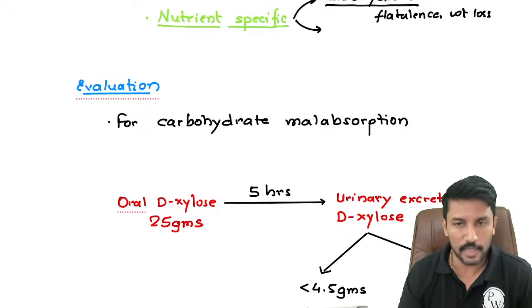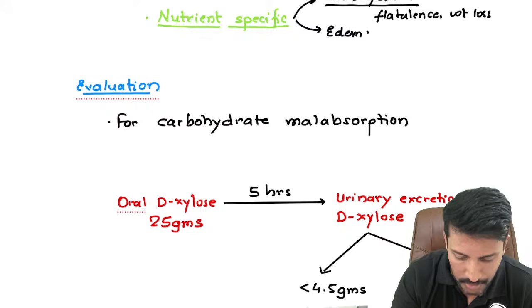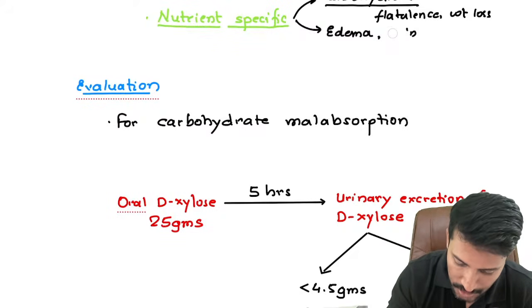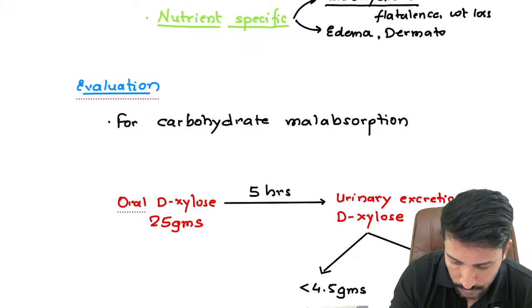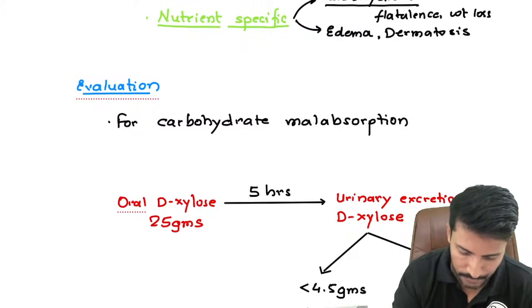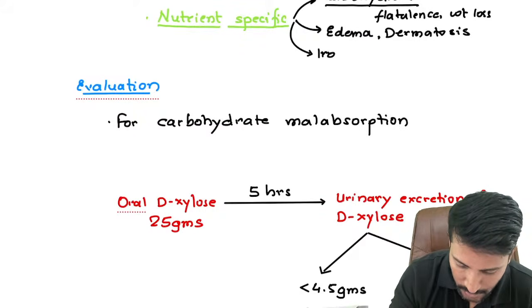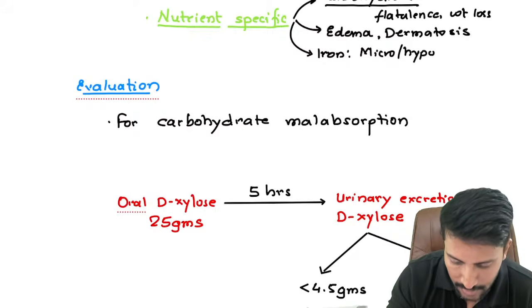So if it is protein malabsorption, patients can have edema and skin changes because there will be hypoalbuminemia. We will call it dermatosis. Okay, if it is, let us say, iron malabsorption, what symptom will the patient present with? The patient will present with microcytic hypochromic anemia.